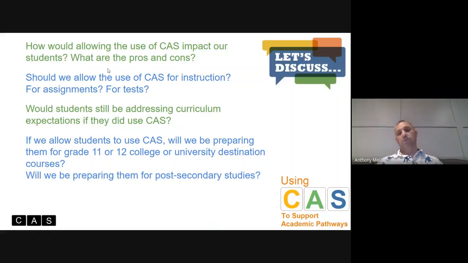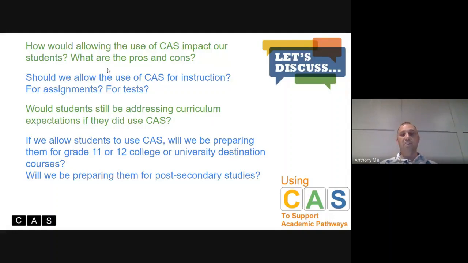Here's a big one that comes up a lot, and it's one of the reasons why in my own department we were reluctant to start using computer algebra systems until fairly recently. If we allow students to use computer algebra systems, will we be preparing them for grade 11 or 12 college or university destination courses? I would say if you have some effect over what happens in those grade 11 or 12 courses, then maybe you are preparing them.